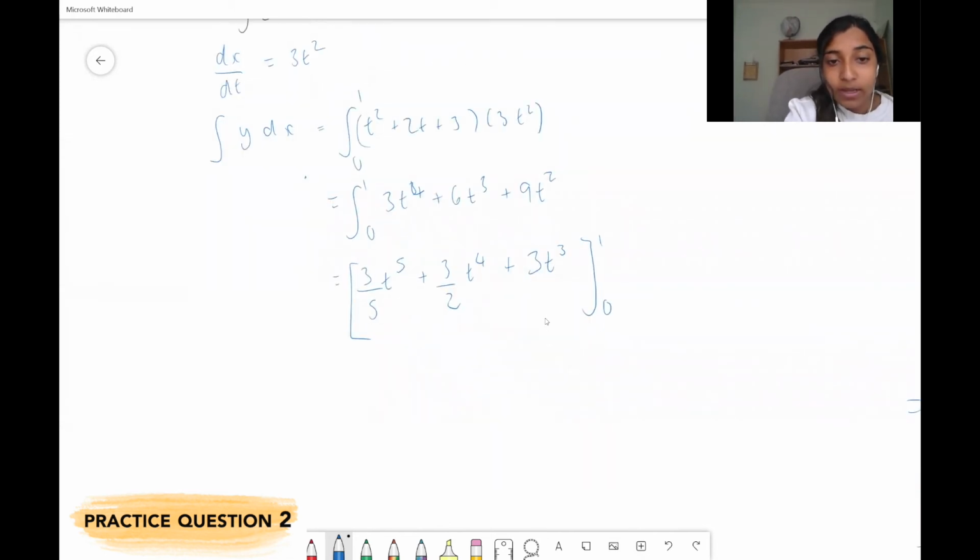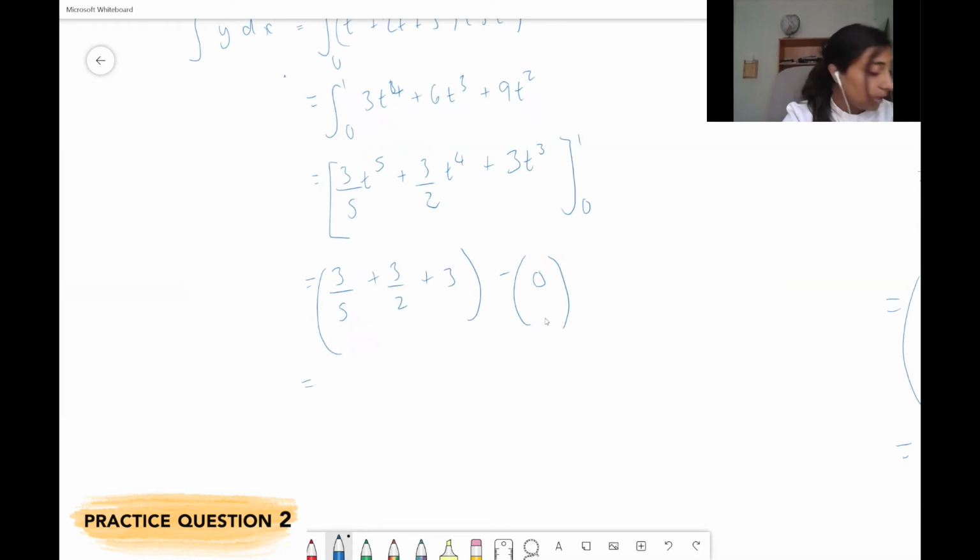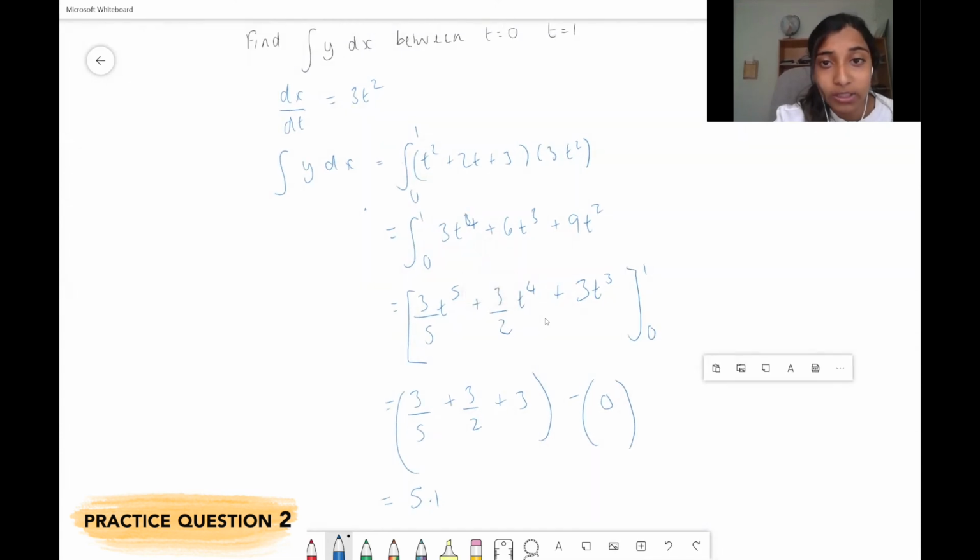Then if we plug this in, first we plug in t equals 1, so we get 3 over 5 plus 3 over 2 plus 3, minus, if you plug t equals 0 into all of that, you just get 0. If you plug this in your calculator, that would be equal to 5.1, and that's your answer to this question.